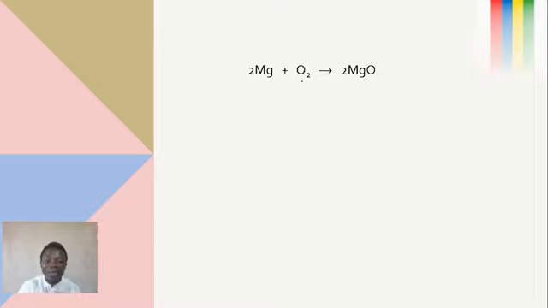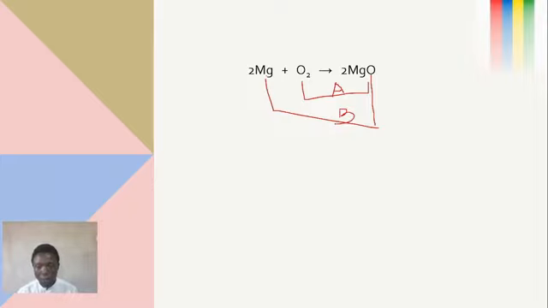Let's label this one A and this one B. Here we talk about oxygen: there is an addition of oxygen, and there's a reduction in the number of electrons of oxygen.